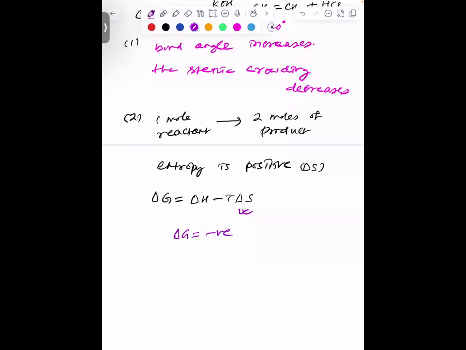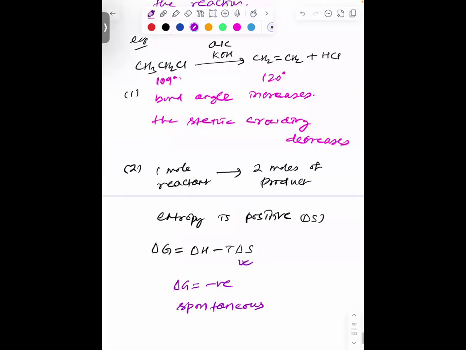Due to the negative value of the Gibbs free energy, the reaction becomes spontaneous. The reaction becomes spontaneous. Okay, students.